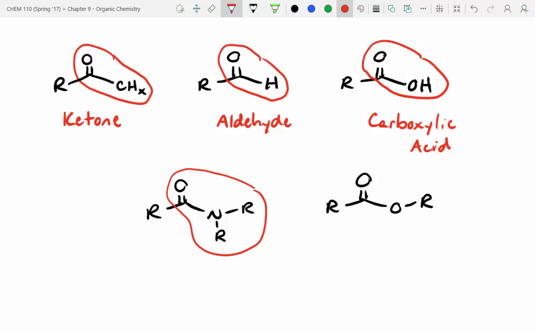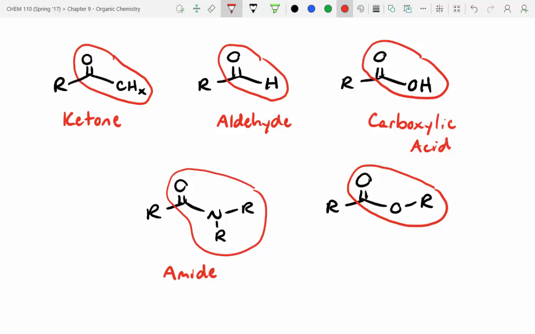All right, the next one is where you have a nitrogen directly attached. This is referred to as an amide. These are found in your proteins, right? It's your protein backbone. And then last but not least, this one is where you don't have an OH group, you've got an OR group, so it looks almost like an ether, but one side's a carbonyl. Do you guys see that?